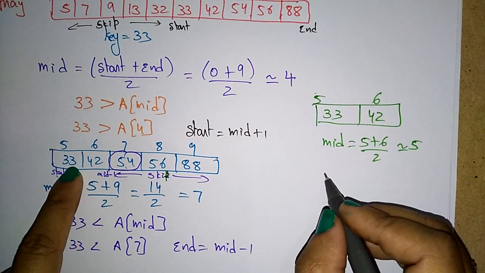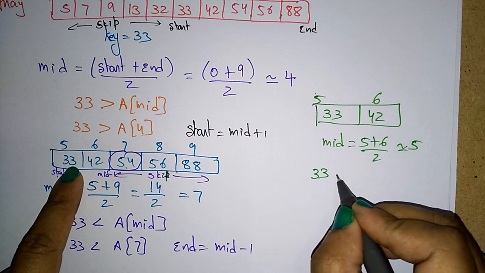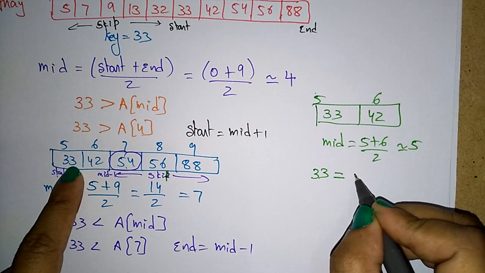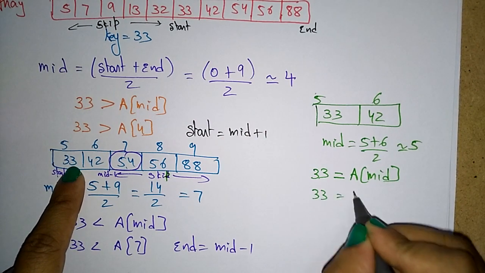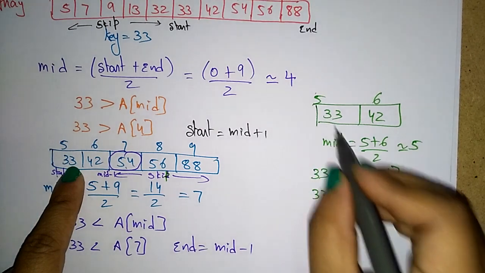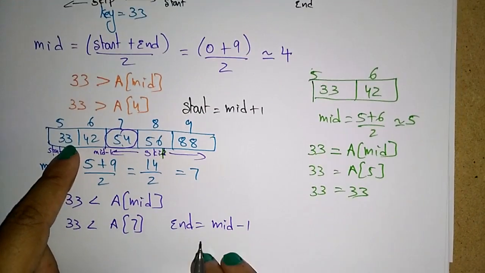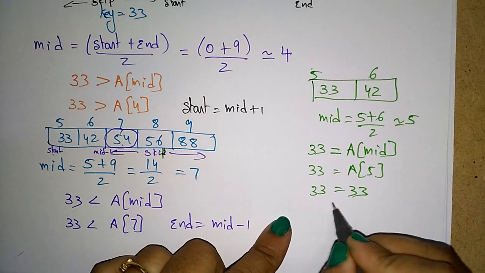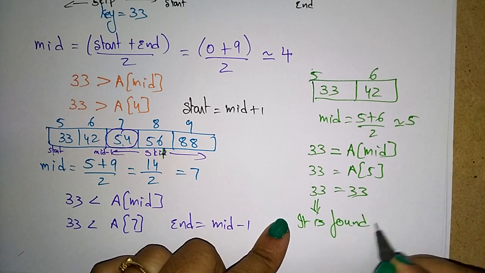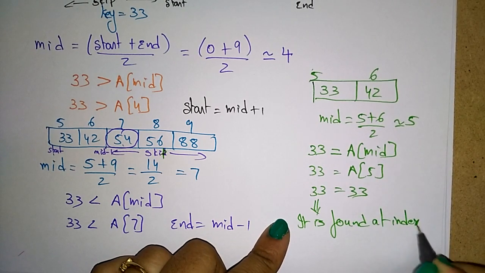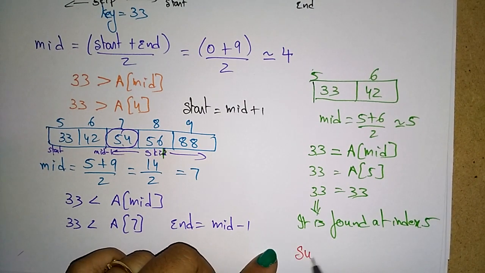Is the key value equal to A of mid? Yes, 33 is equal to A of 5. A of 5 is 33, and 33 is equal to 33. So 33 is found at index 5. Then you can say it is a successful search.